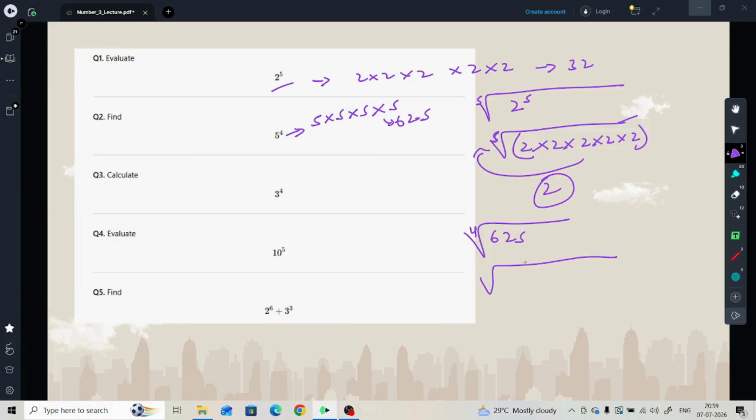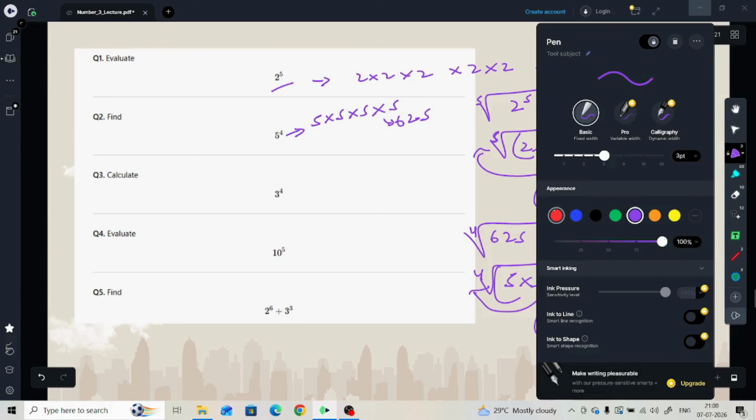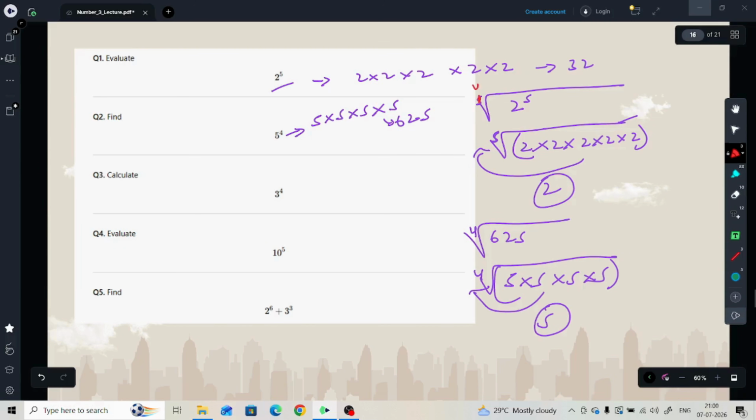In this case, you need to make a group of 4 elements, then only can you take it out. Otherwise, you can't. So 5 times 5 times 5 times 5. Since we have a group of 4, we can take that outside and write it as 5. Understood?